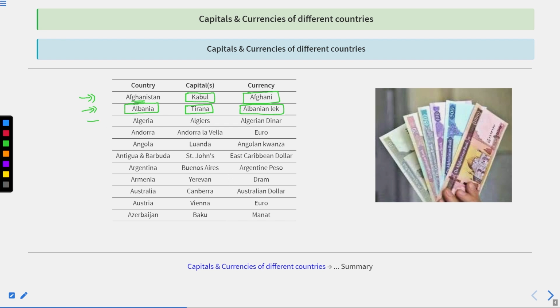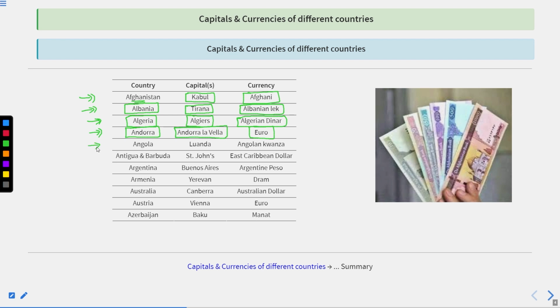Then we have Algeria. Algeria is the country. Capital is Algiers. Currency is Algerian dinar. Then the country is Andorra. Capital is Andorra la Vella. Currency is euro.